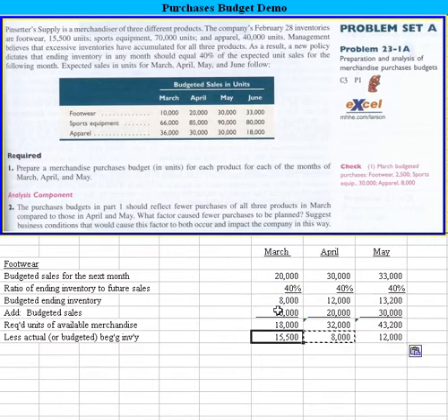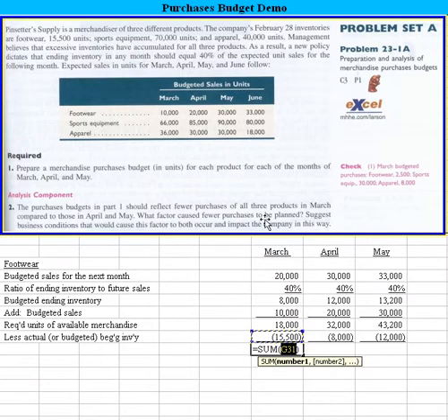That's going to be 12. Oh, and why don't we enter these as negatives so we can just add the formulas going down. Okay. Do another sum of the next two lines.